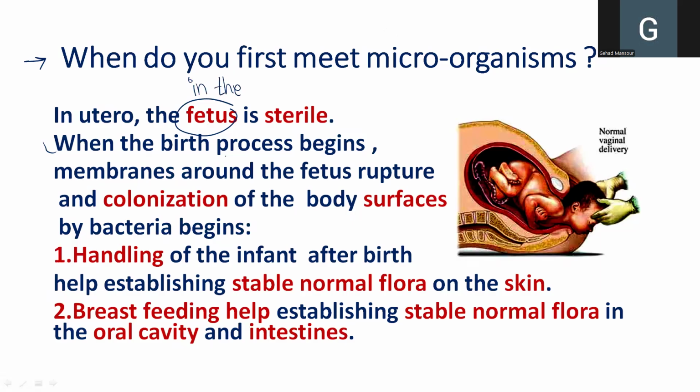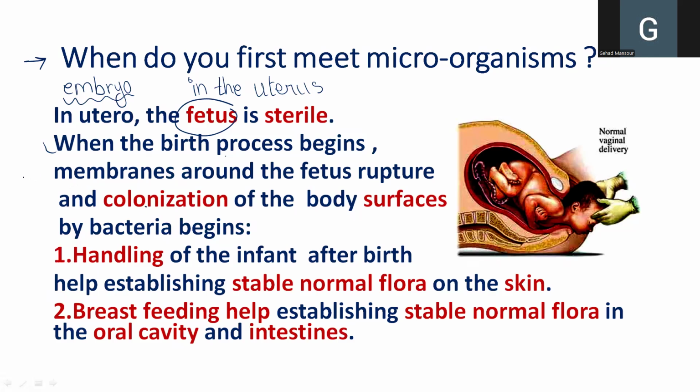You know that the duration of pregnancy is 9 months. During the first 3 months, you are called an embryo, but afterward, during the last 6 months, you are called a fetus. And you are covered by membranes and the space is sterile.